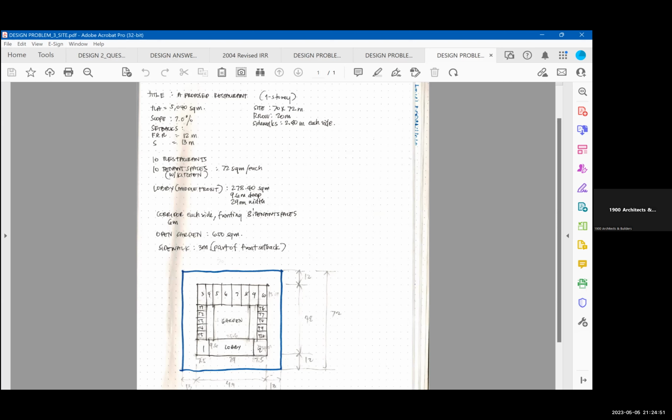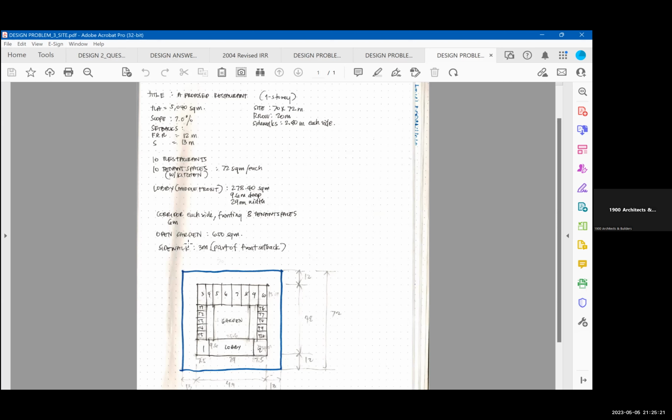Nagbigay din siya ng specific. Yung 8 from the 10 restaurants, may 8 daw dun sa likod. So, ibig sabihin, may dalawa dun sa harap. Parang minention din ata dito na may dalawa dun sa in-between the lobby. Okay, and then, yung open garden, which is in the middle din, magka-attach tong lobby sa open garden.